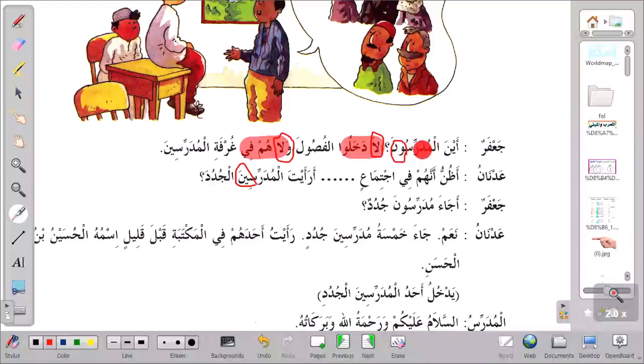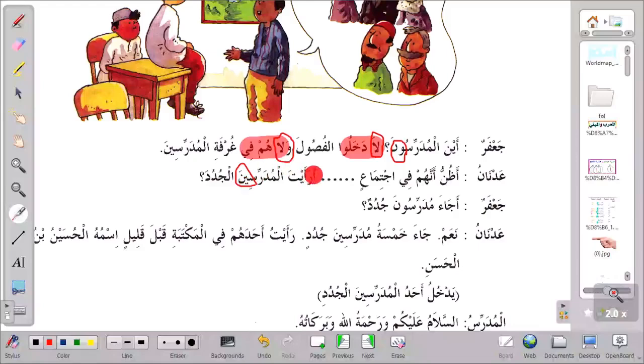We said that when it is marfu', the waw is going to be there. That's the default form. But when it is mansub or majrur, the waw is going to turn to ya. So mudarrisuna, that is marfu'. Mudarrisina, when the waw turns to ya, it means it is either mansub or majrur. I hope that is clear.